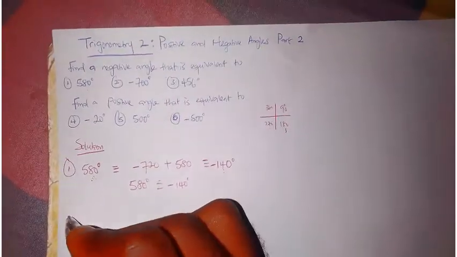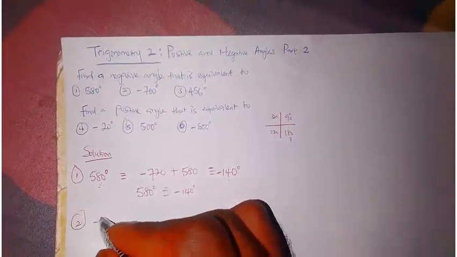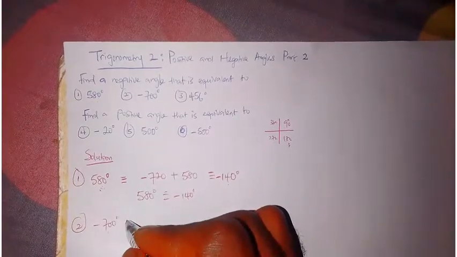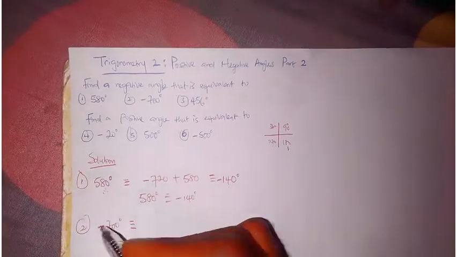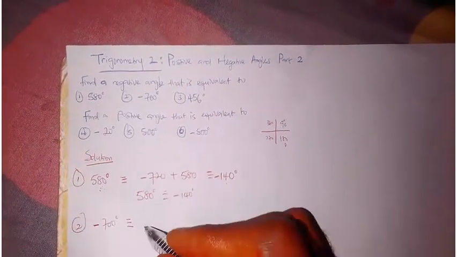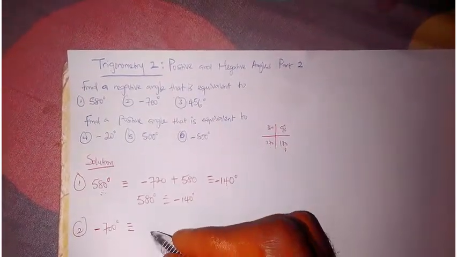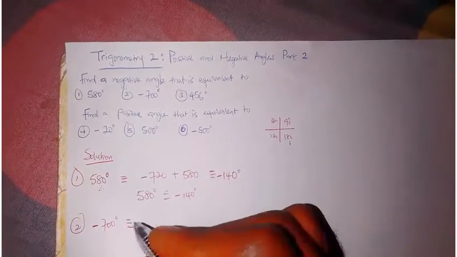For question 2, I have minus 700. And this is already negative. So what I'll just do here is add 360 to it, since it's not up to 720.